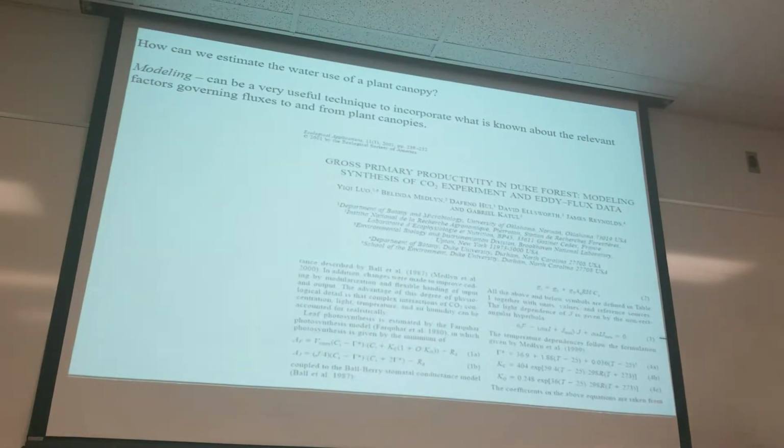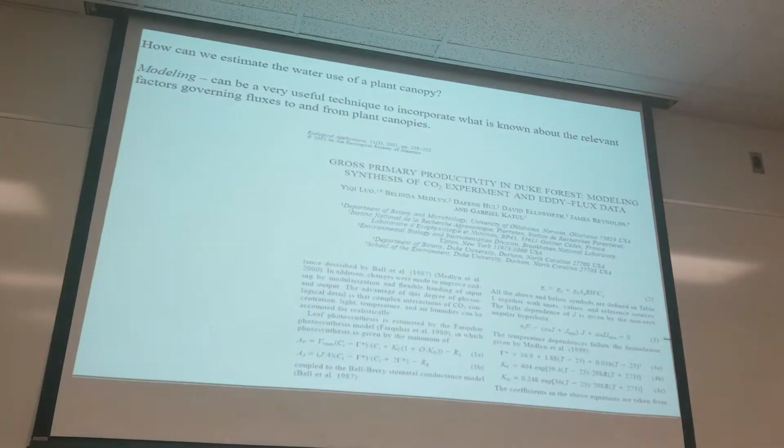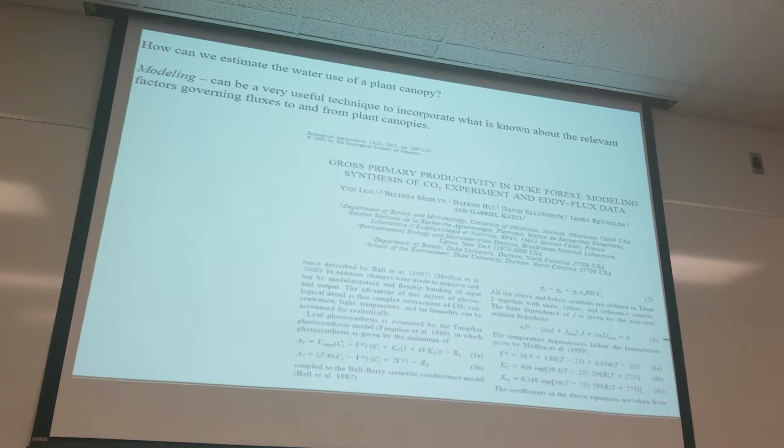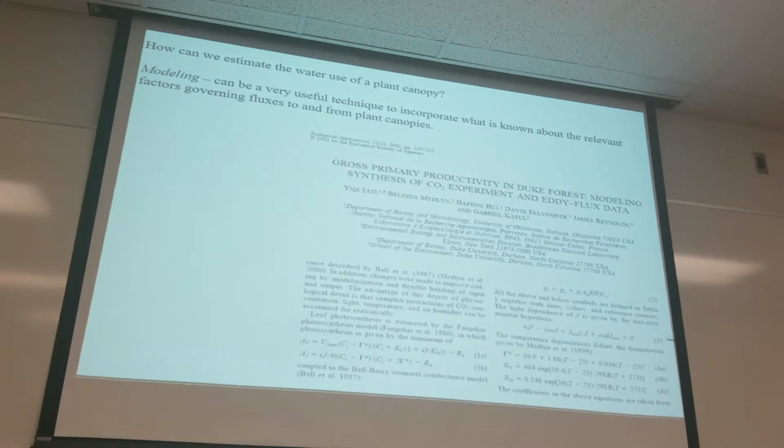So the last technique that I'll mention is modeling, right? A set of mathematical equations that describe our understanding of the system and that we can use to predict, say, emergent properties from that system.